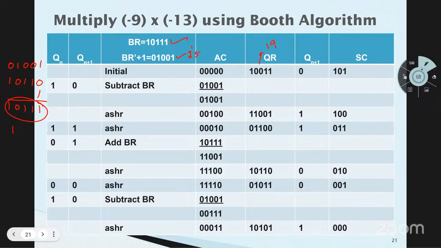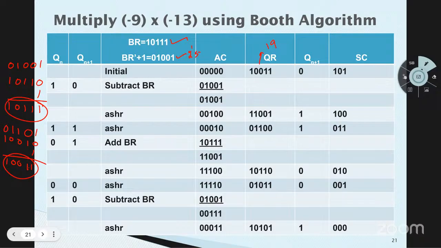Right. Next, what is QR? What is the binary equivalent of 13? 1 0 1 0 is 10, 1 0 1 1 is 11, 1 1 0 0 is 12, 1 1 0 1 is 13. You can take one more 0 because we are representing 5 bits. So now 0 1 1 0 1. Now you can add 1, 1 0 0 1 1. So this is minus 13. Minus 13 equivalent value is 1 0 0 1 1.